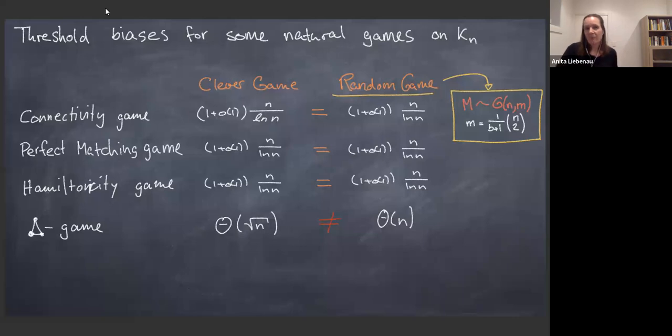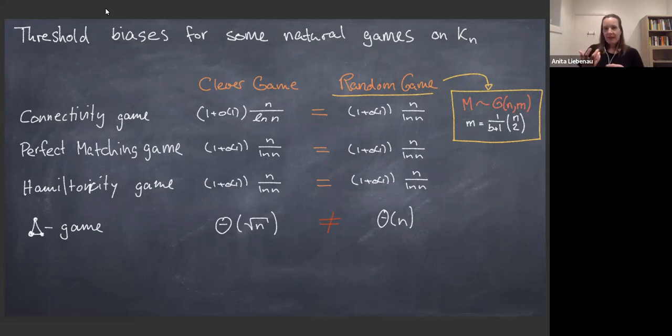So in some round i, maker picks a random edge from all the edges that are not claimed yet, and then random breaker picks b edges uniformly at random from all the edges that are yet unclaimed. And what will happen is that at the end of the game, the distribution of the graph of this random maker looks like G(n,M), the random graph with M edges drawn uniformly at random, where M is a 1 over (b+1) proportion of all the possible edges.